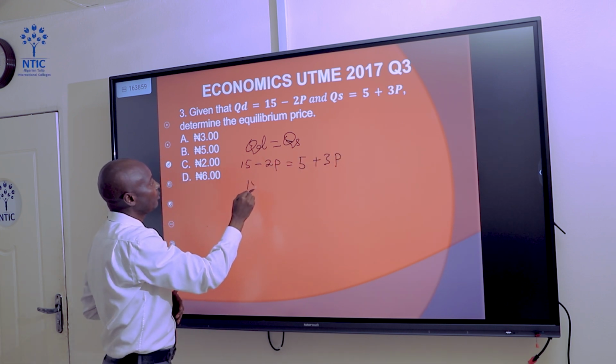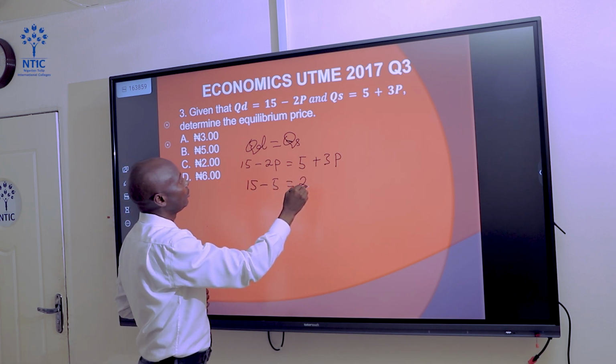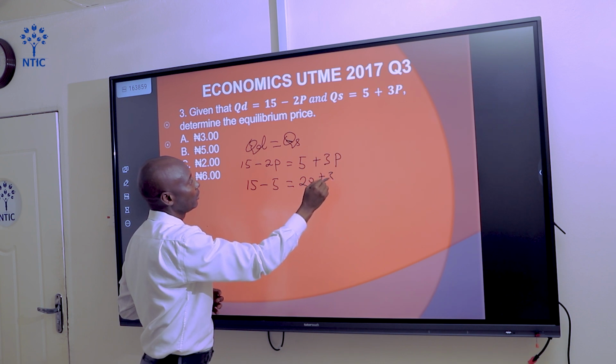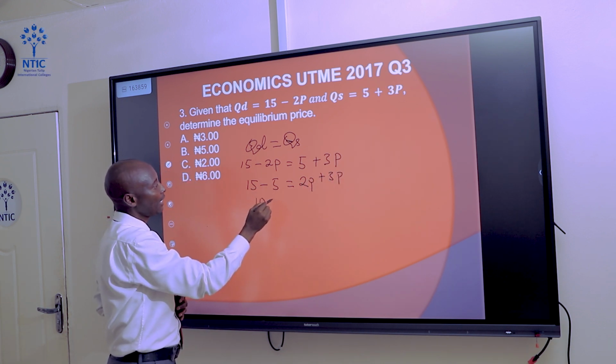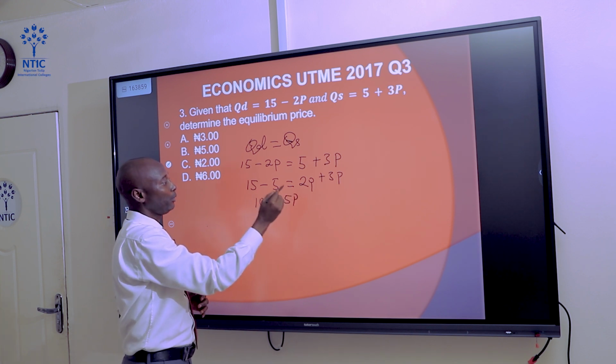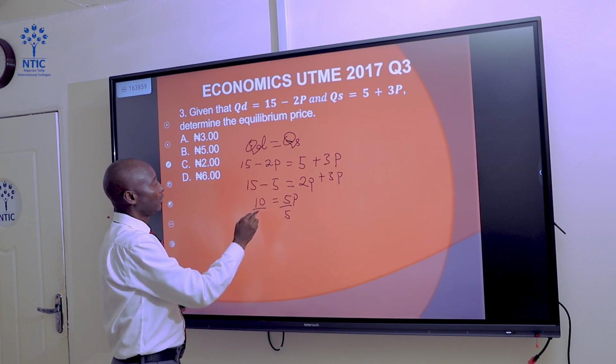Collect the like terms, you have 15 minus 5 is equal to 2p plus 3p. Then you have 10 is equal to 5p. So divide all through by 5.